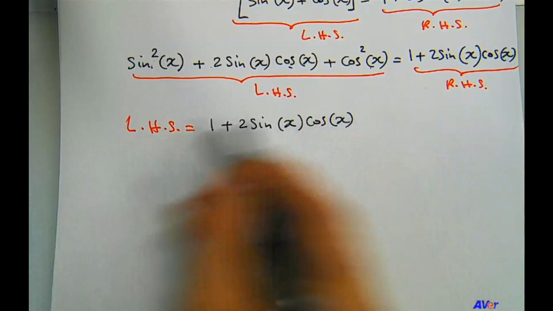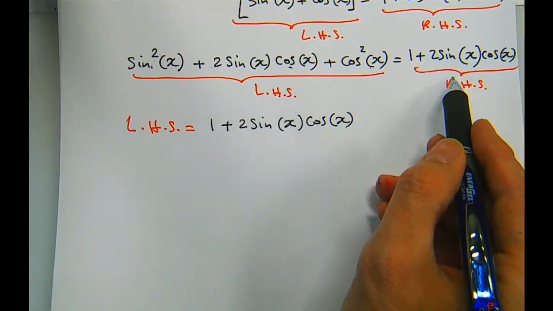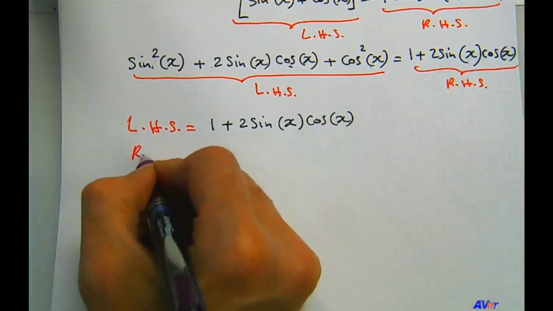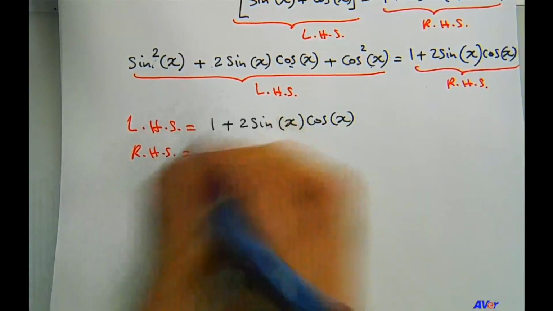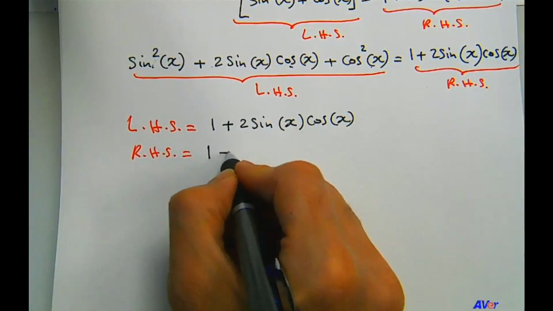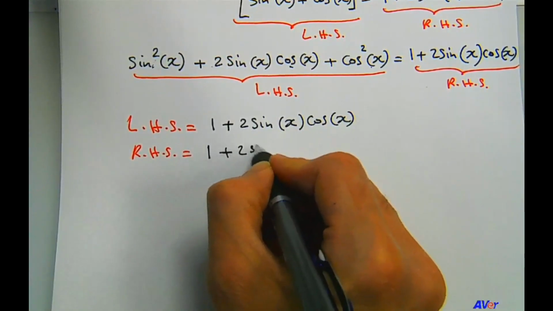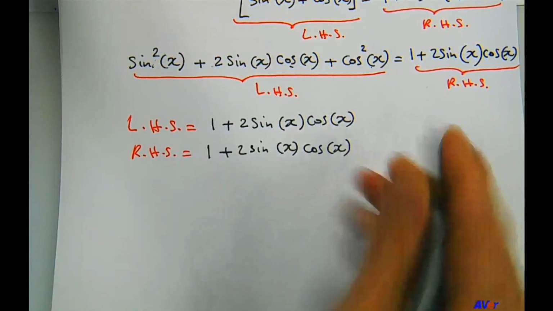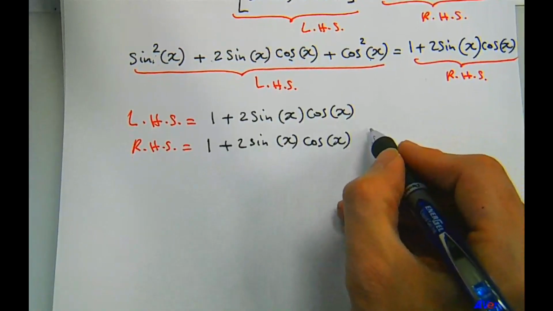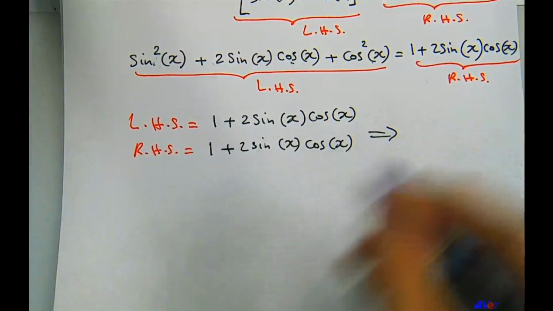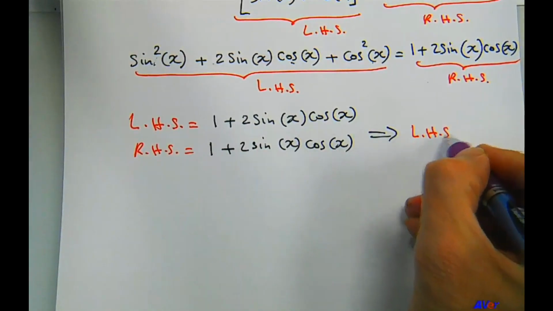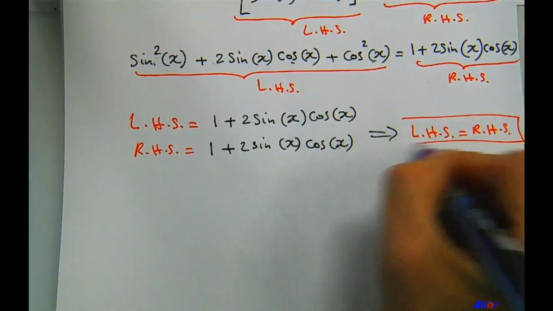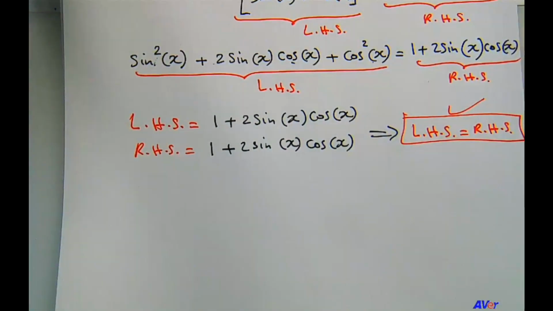So that's the left. Look at the right-hand side, right? It's already there. So we've already shown that the two sides are equal. Therefore, we have verified that the equation is true. So from these two, we have the left-hand side equals the right-hand side, and we're done with that.